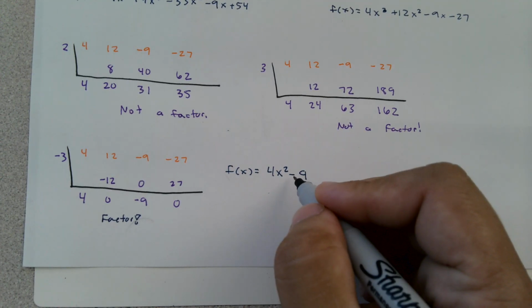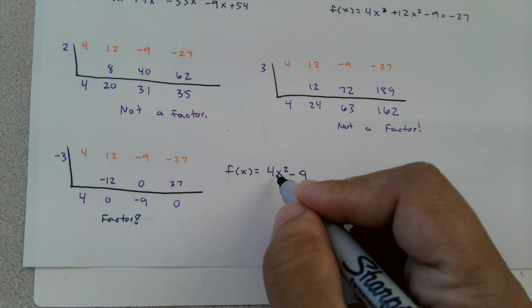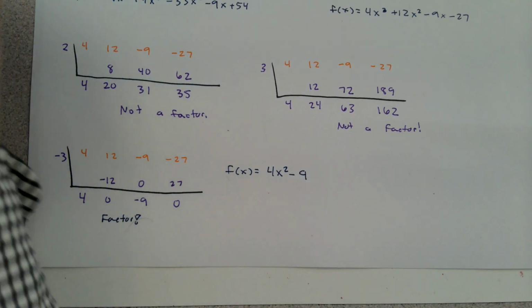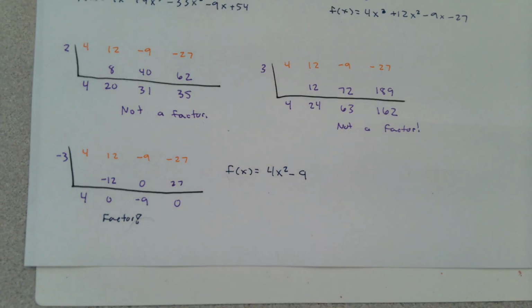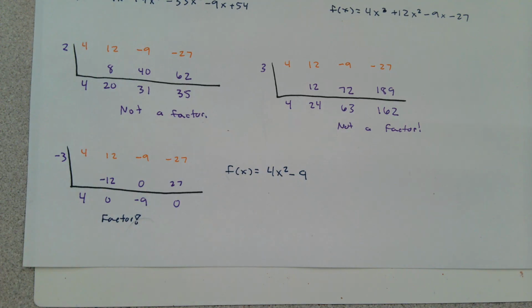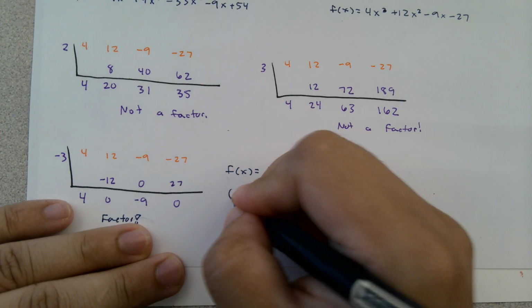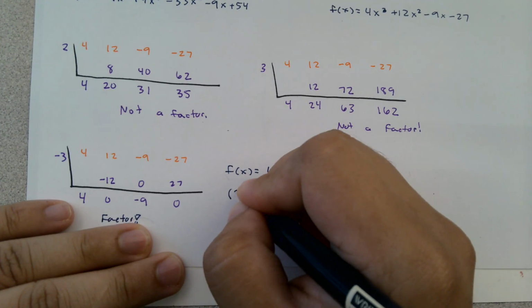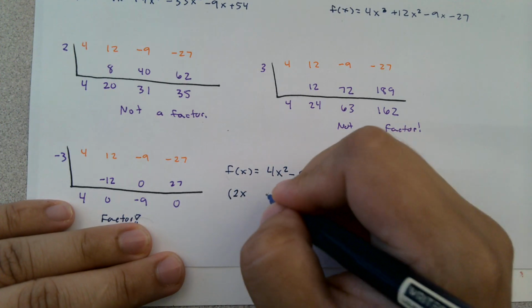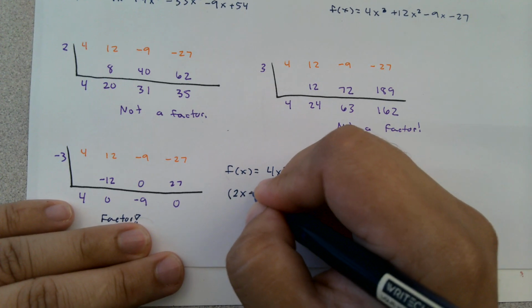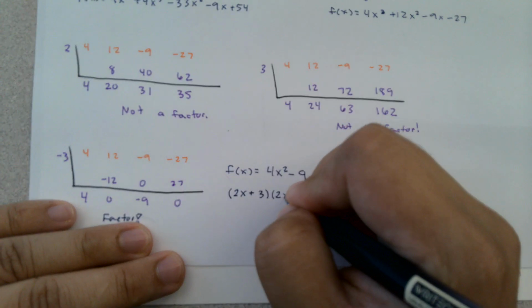That's why it's called a difference of squares. So, if you learn the tricks from first semester, then you can skip along to the answer, which will be the square root of 4x squared is 2x. The square root of 9 is 3. You're going to have a plus and a minus version of it.